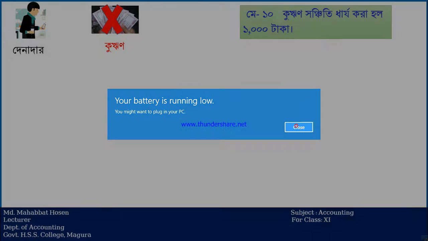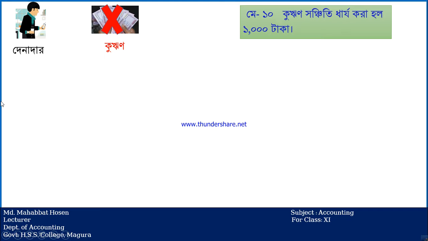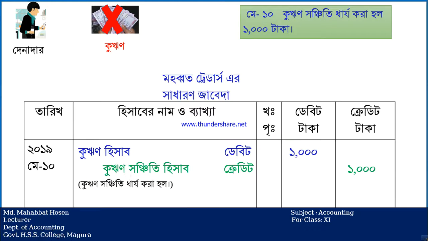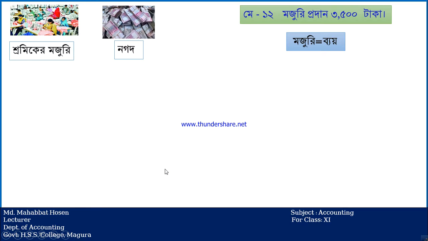So what will be the entry? The entry will be bad debts account debit. Bad debts account debit, it is an expense, and allowance for doubtful accounts will be credit. Okay, bad debts account debit and allowance for doubtful accounts will be credit.